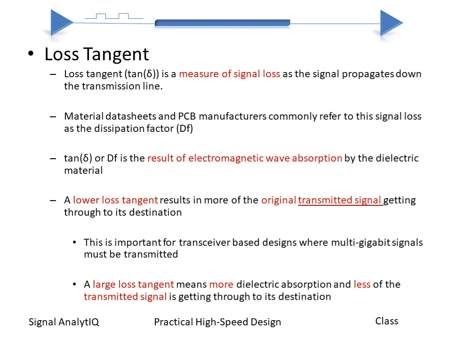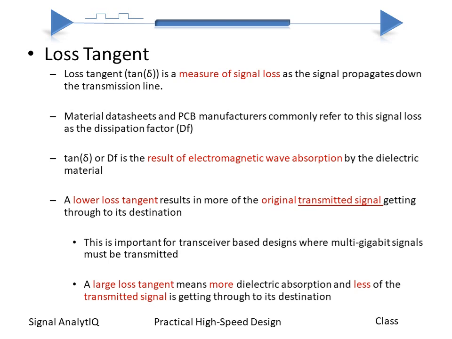Loss tangent. This is one of the material parameters that we should consider. The loss tangent is a measure of signal loss as the signal propagates down the transmission line. In the material data sheet, the PCB manufacturer commonly refers to this signal loss as the dissipation factor, DF.